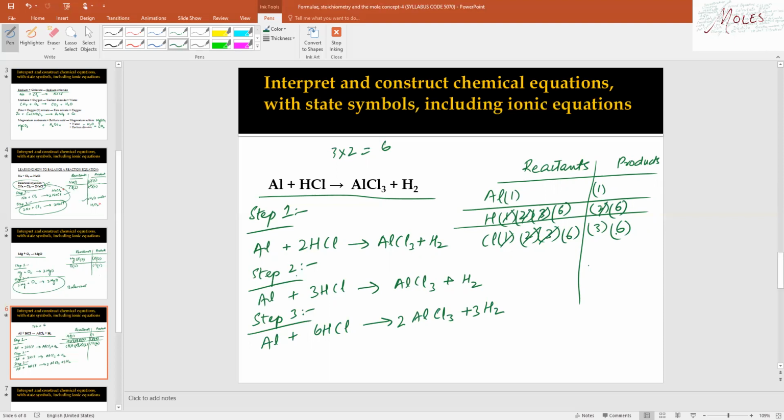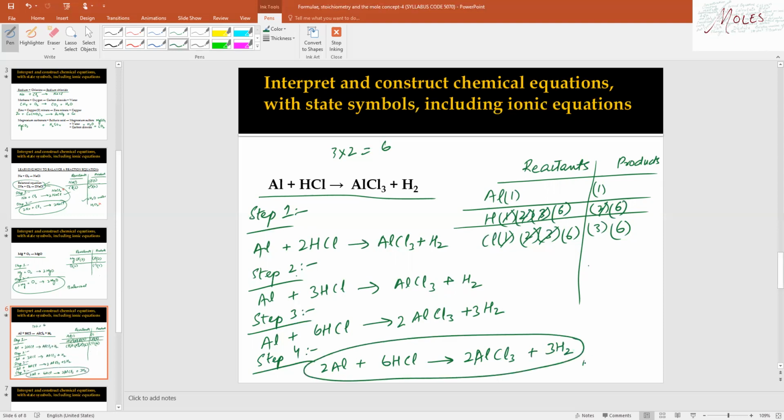Then place 2 before Al on reactant side. The final equation will be like this. Now this is balanced.